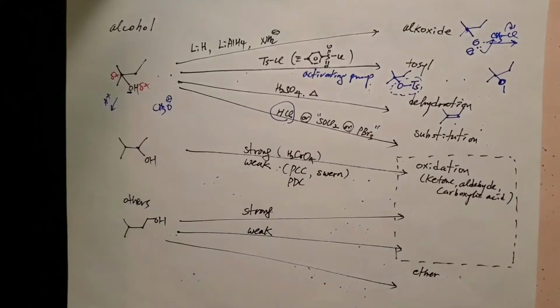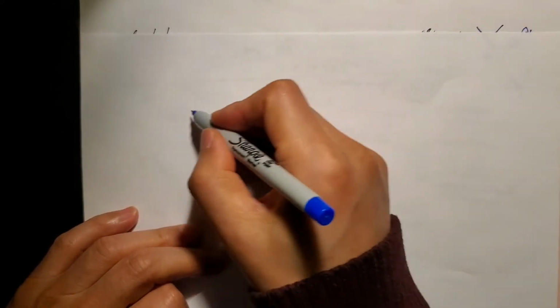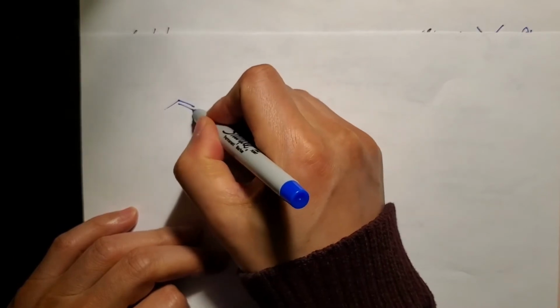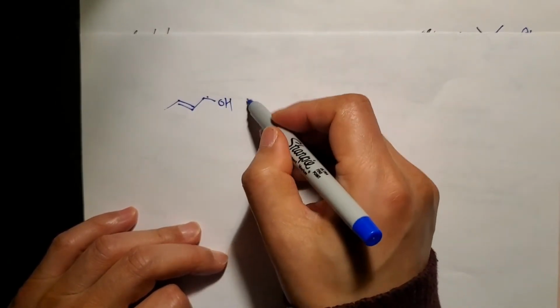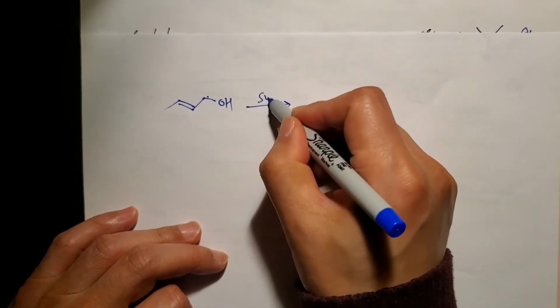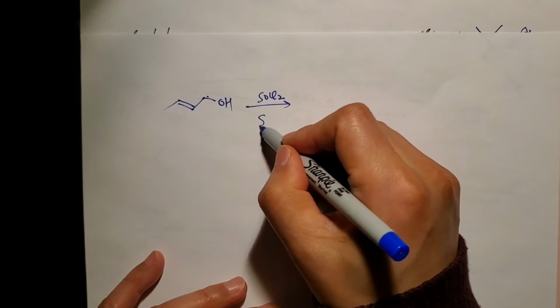But I can give you another example of thionyl chloride replacing the alcohol. This one is short, so let me just do it. Let's make up something like this, and the SOCl2. No basic solvent, so you expect this to be SNi, right?